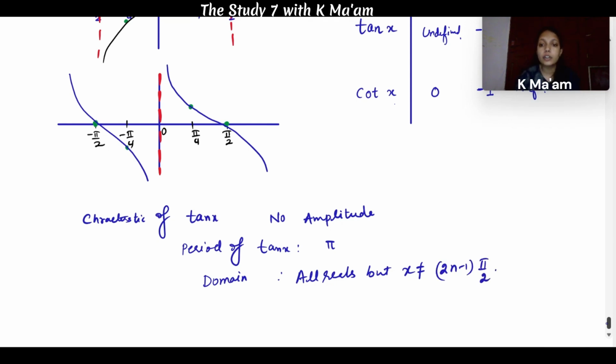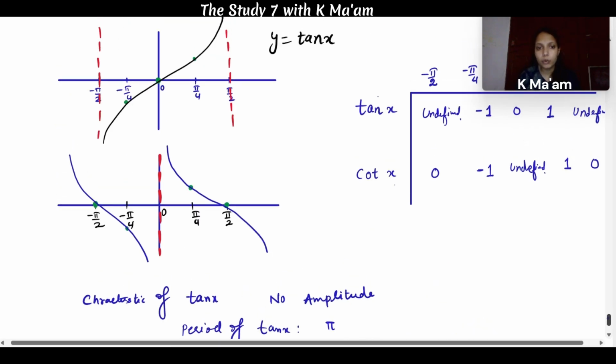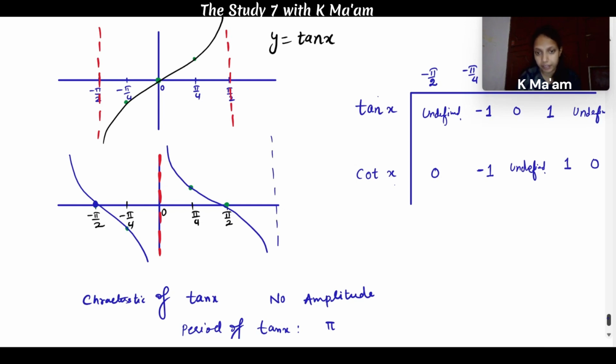Now look at the cotangent graph. In cotangent, you can start where it's 0 at negative pi by 2, again 0 at pi by 2. So here the period is again pi, or you can also draw the next points at pi. At pi it will show undefined.